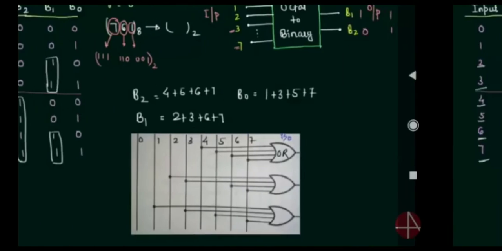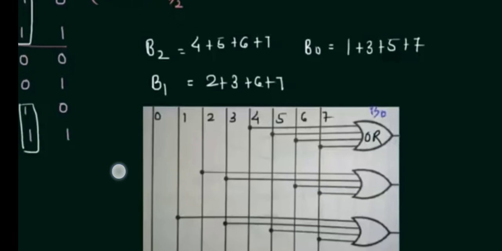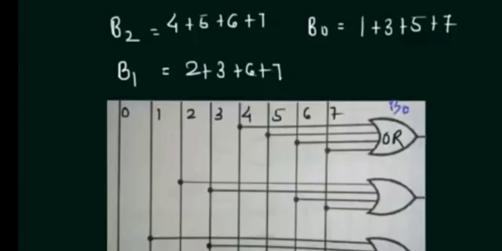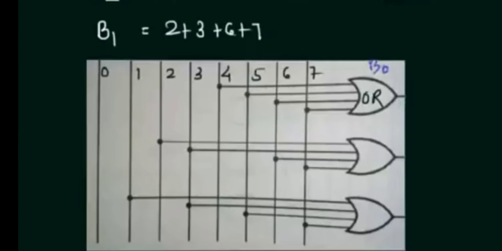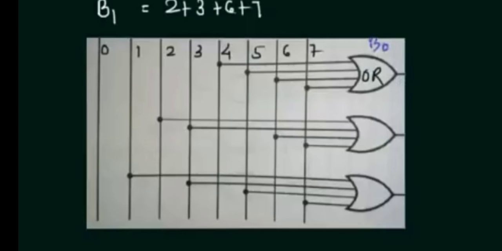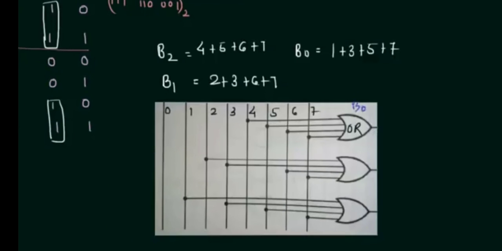See here, these are all the input lines 0, 1, 2, 3, 4, 5, 6, 7. For B2 you have to activate 4, 5, 6, 7. For B1 you have to activate 2, 3, 6, 7. And for B0 you have to activate 1, 3, 5, 7. Now all these lines are activated. To make you understand, I'll give you a simple example. For example, I want the binary equivalent of 7.